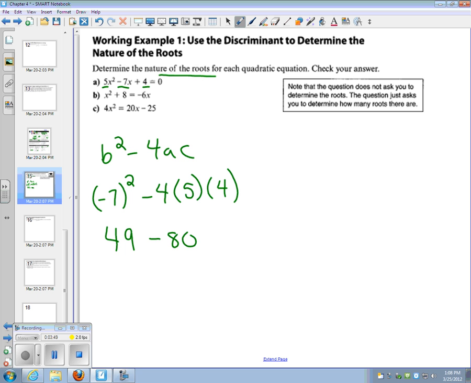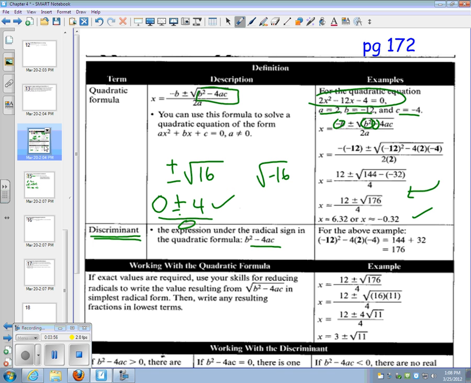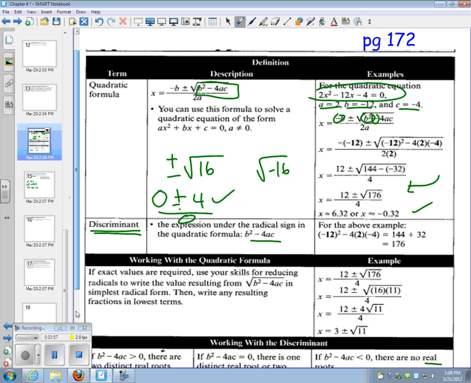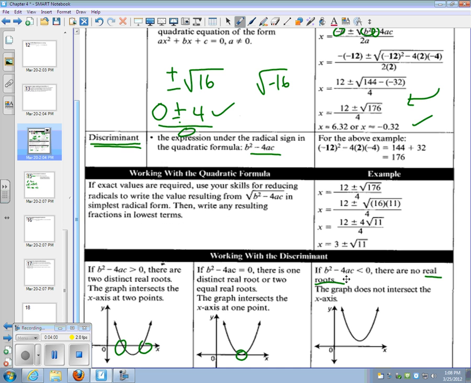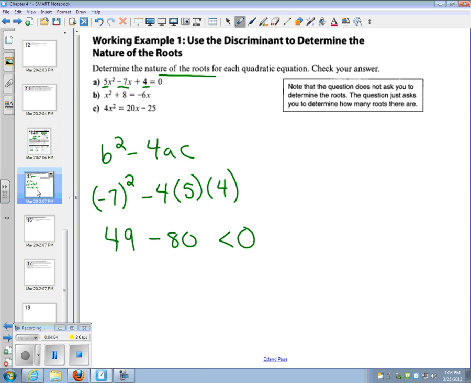Well, this is obviously going to be less than 0. So looking back to our sheet here, when we have the discriminant as less than 0, there are no real roots. How could we check this, you're asking? Well, I would plug this into my graphing calculator, and I would see that this did not cross the x-axis.